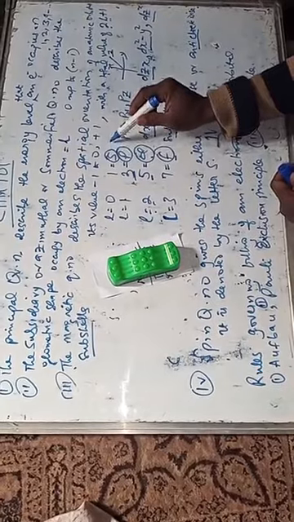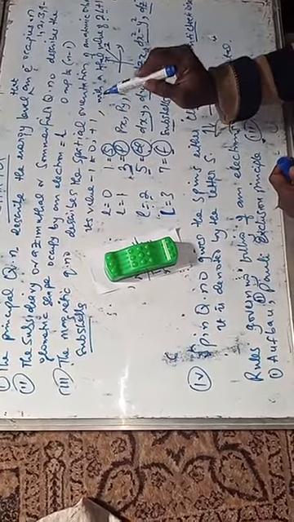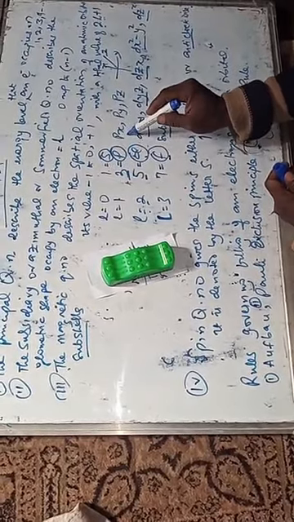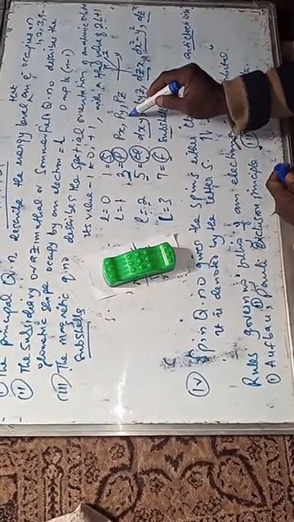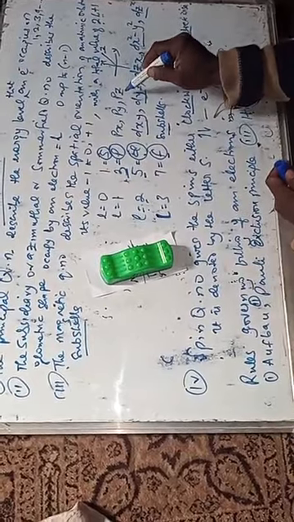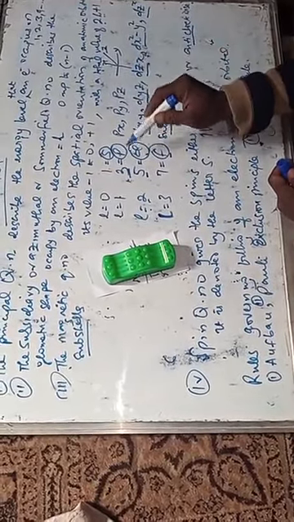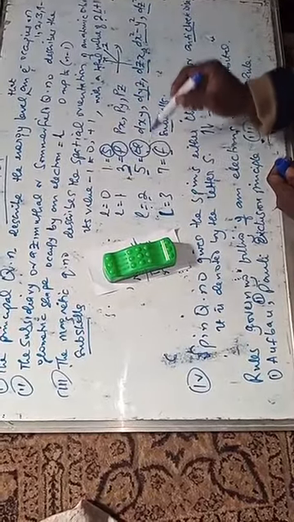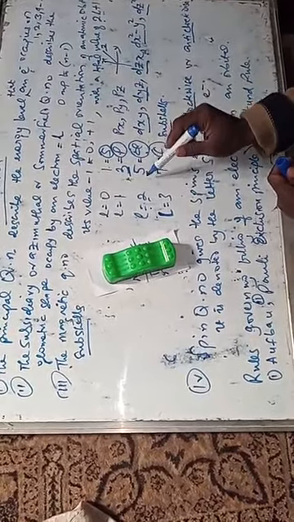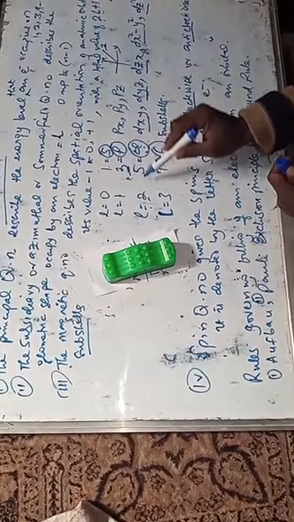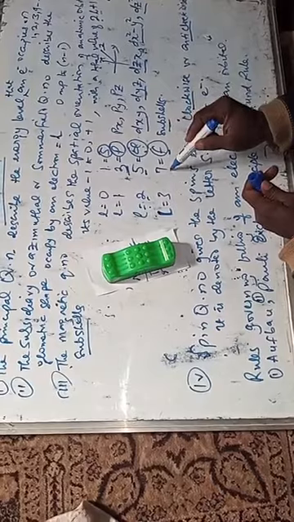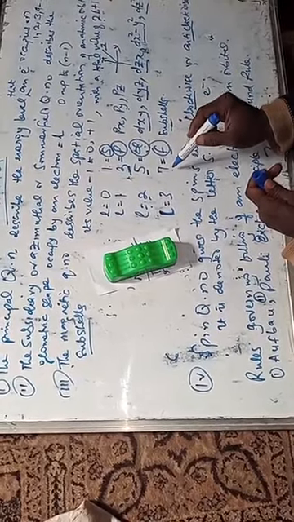The s orbital can accommodate a maximum of 2 electrons. If the px accommodates 2, the py accommodates 2 with different orientation, and the pz accommodates 2, then the p orbital can accommodate a maximum of 2 times 3, which is 6. The d orbital can accommodate 2 times 5, which is 10, and the f orbital can accommodate 2 times 7, which is 14.